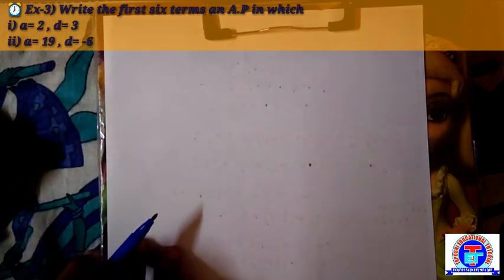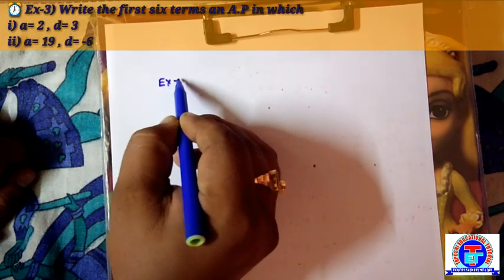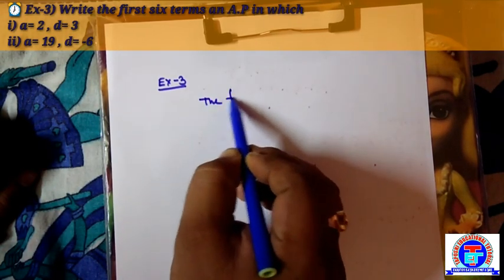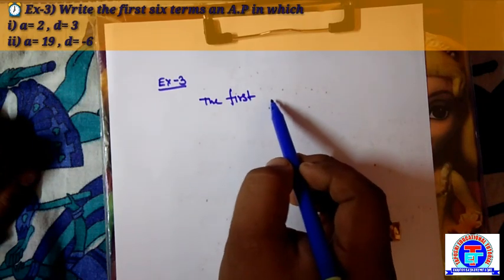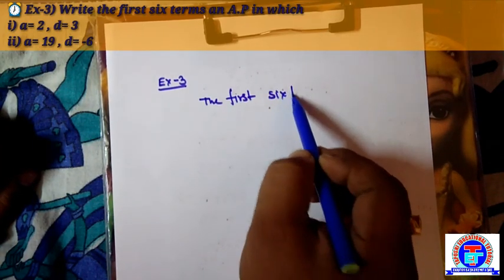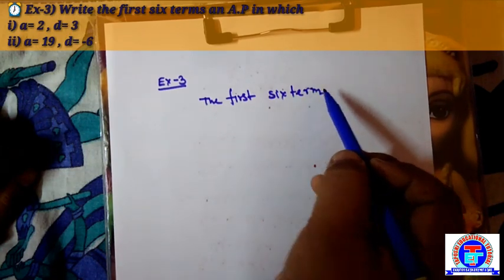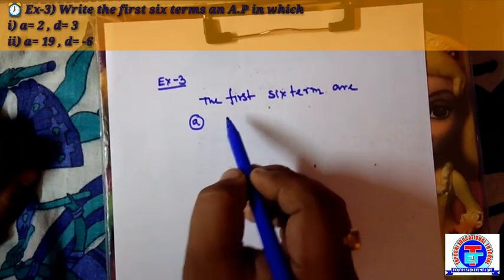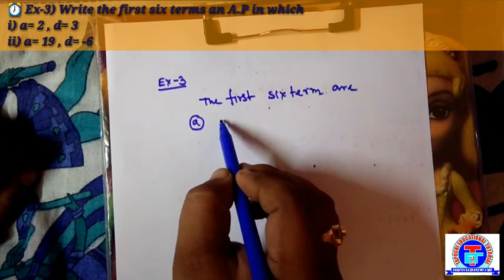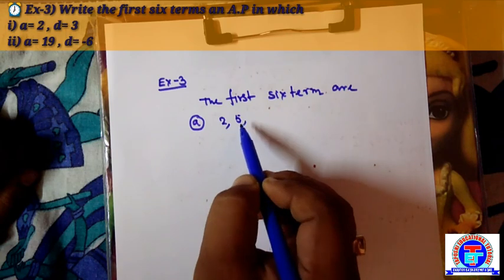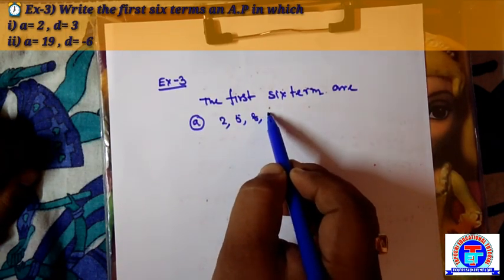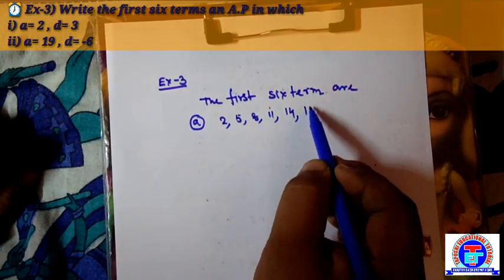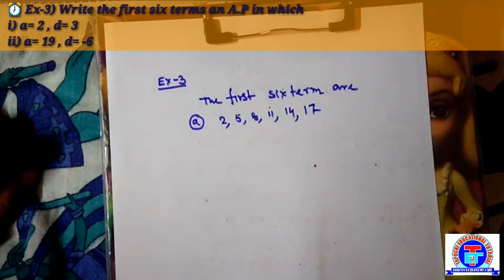The first 6 terms are, for A, here 2, 5, 8, 11, 14, and 17, right.